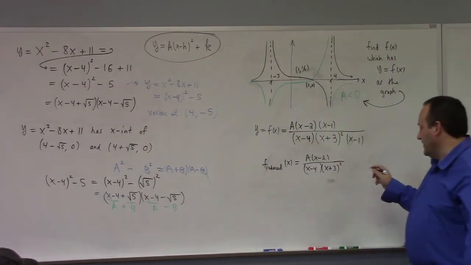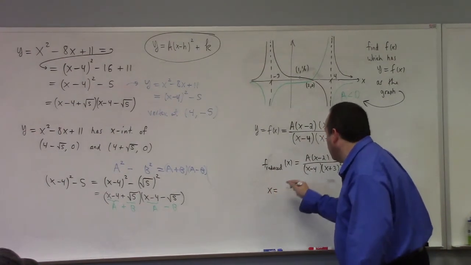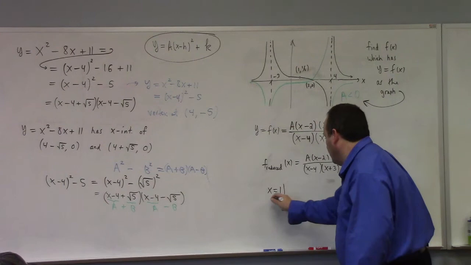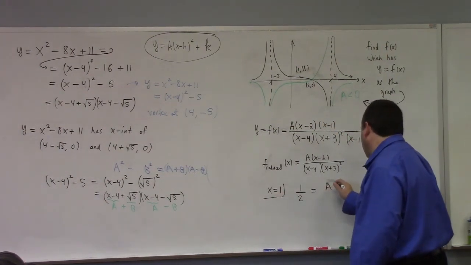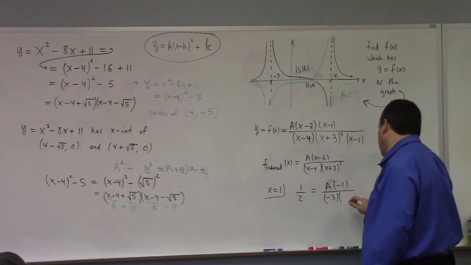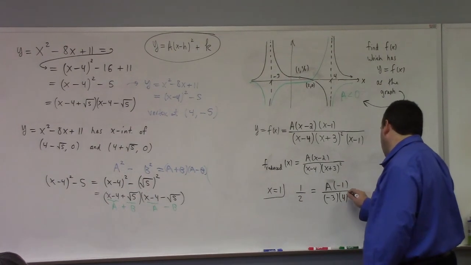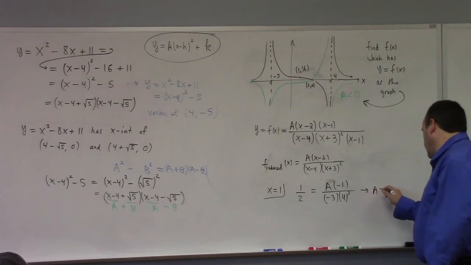I know that when I set x equals 1, I want to get 1/2, which is a times minus 1 over minus 3 times apparently 4 squared. So that would give me a equals to, what you got here?